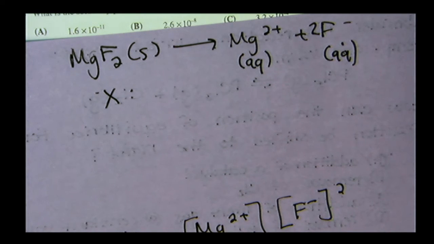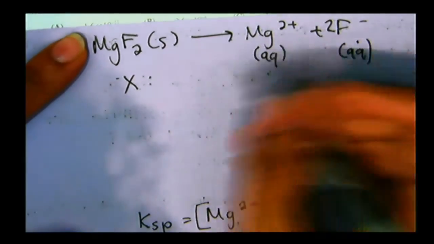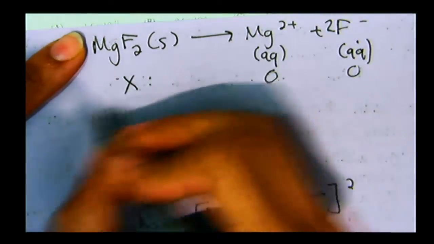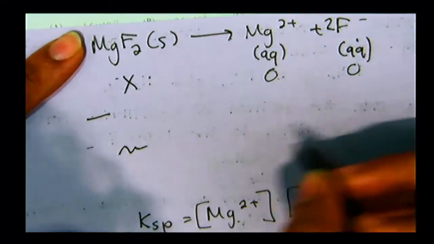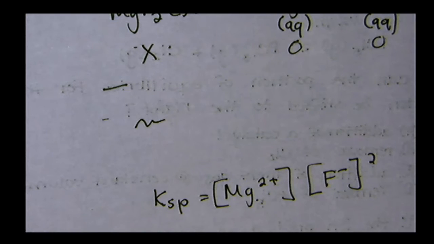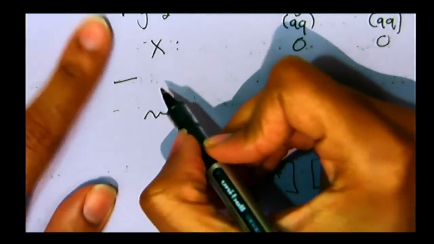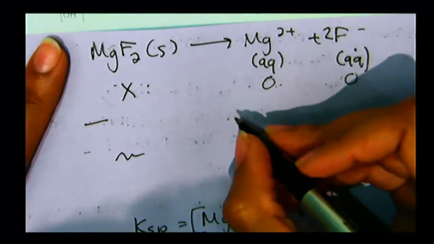Since this is not a 1-to-1 ratio, whatever amount of this guy dissolves, let's just make that A. I'm going to increase the concentration of that guy by the exact amount that it dissolved, and this guy's going to increase by twice the amount of it having dissolved. So at the end, my solubility equals my X, and that's why they make this S and that S.